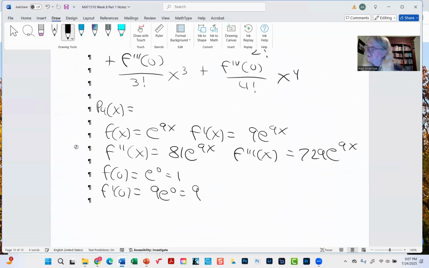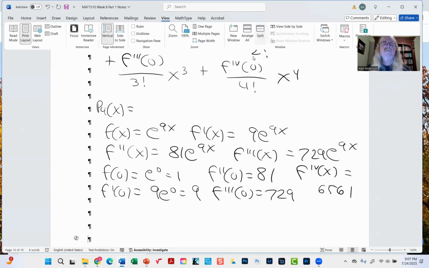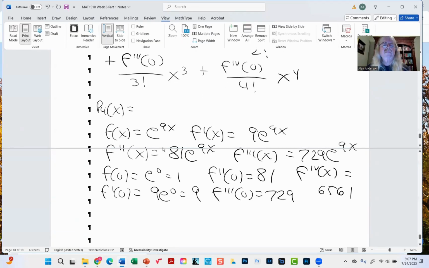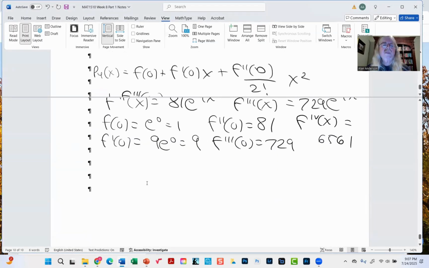Oh, all right. Well, that'll be easy because you can see it's just the coefficient. Okay. Well, that was easy. So then we're going to have, all right.